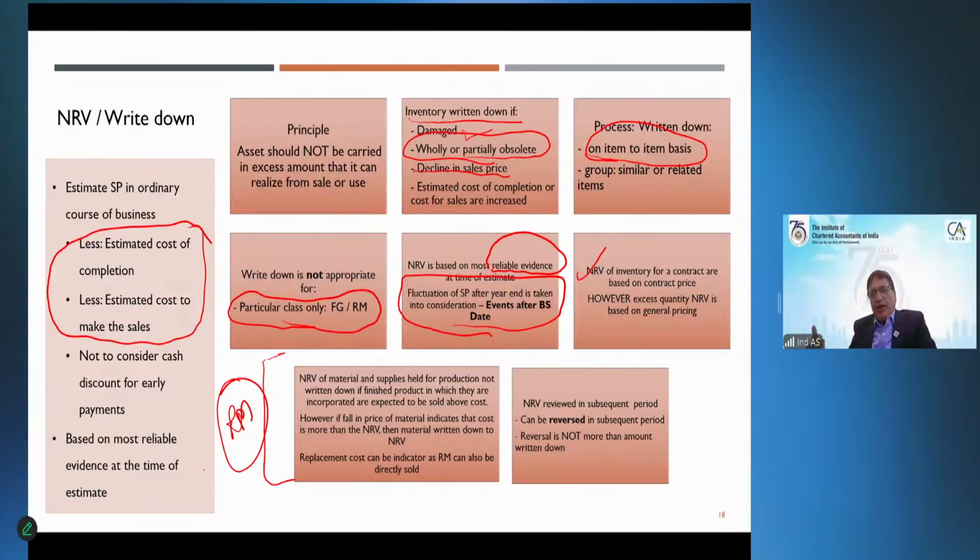But later on, Ind AS 36 says that once impaired does not mean always impaired. Then they retested for impairment when the indicators were positive. When the indicators were positive, their cars began to sell. So it came out by calculation that yes, the recoverable value of the non-current assets would be higher. So they reversed the impairment. So NRV write down can be reversed. Similarly, impairment can also be reversed.